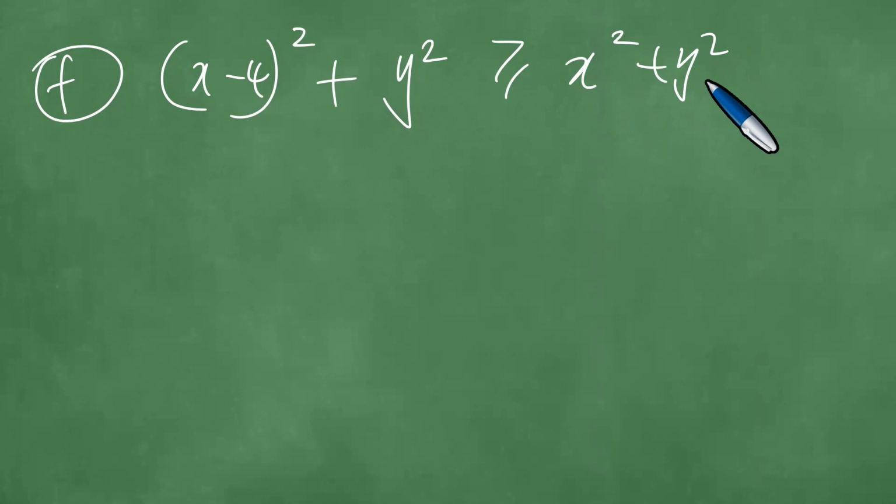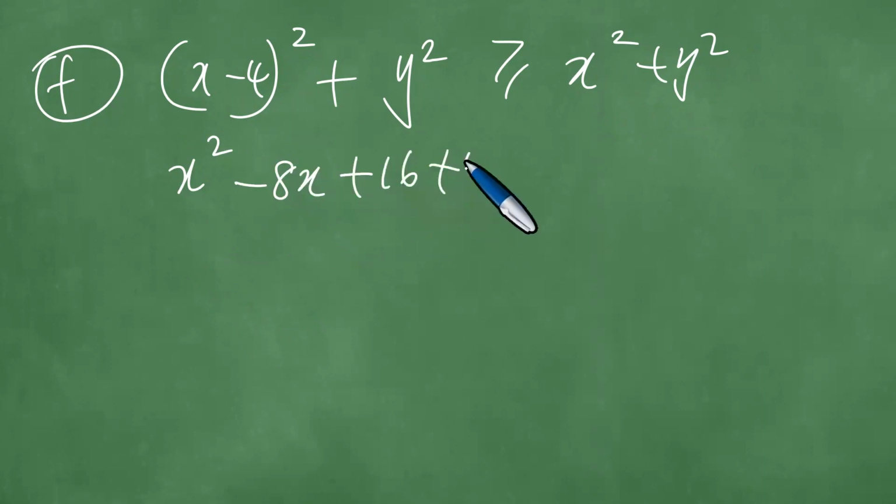And so what is this? Let us analyze this together. If we square this one, we get x squared minus 8x plus 16 plus y squared is greater than or equal to x squared plus y squared.